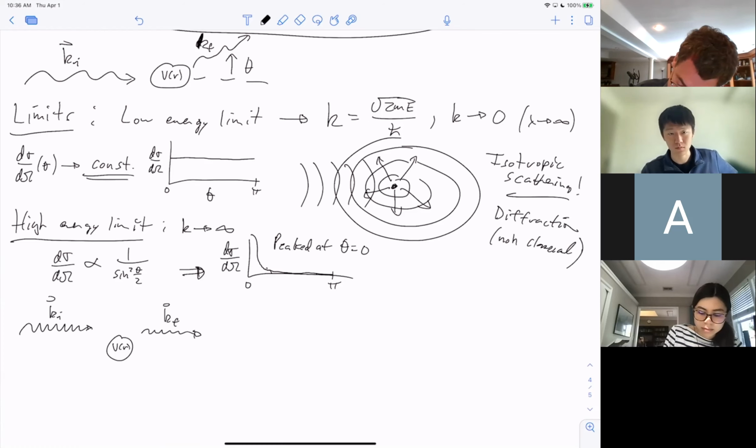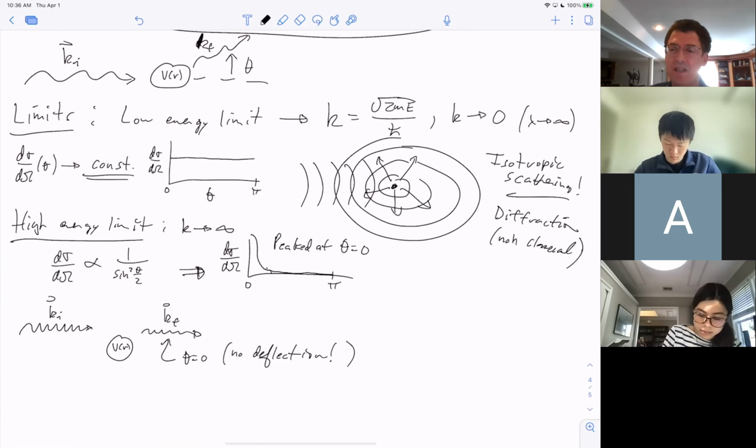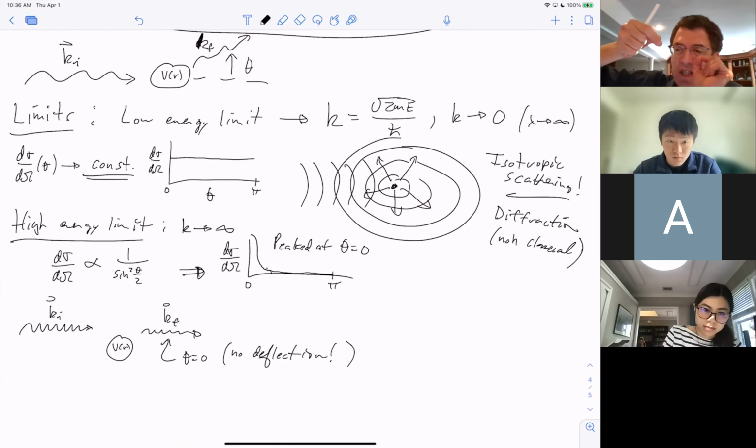That's theta equals 0, which means no deflection. And that makes a lot of sense, because if I have a high energy particle and I have this potential, it's like the high energy particle doesn't even notice the potential, it just goes blasting past it. It's like a bump in the road, you know?